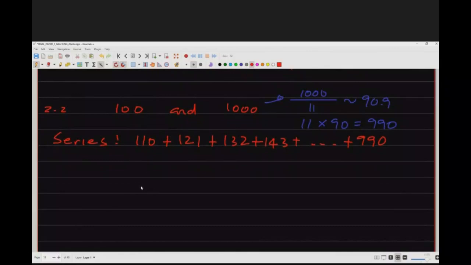Our first term here is 110, and d is 132 minus 121, which is equal to 121 minus 110. And that's 11.